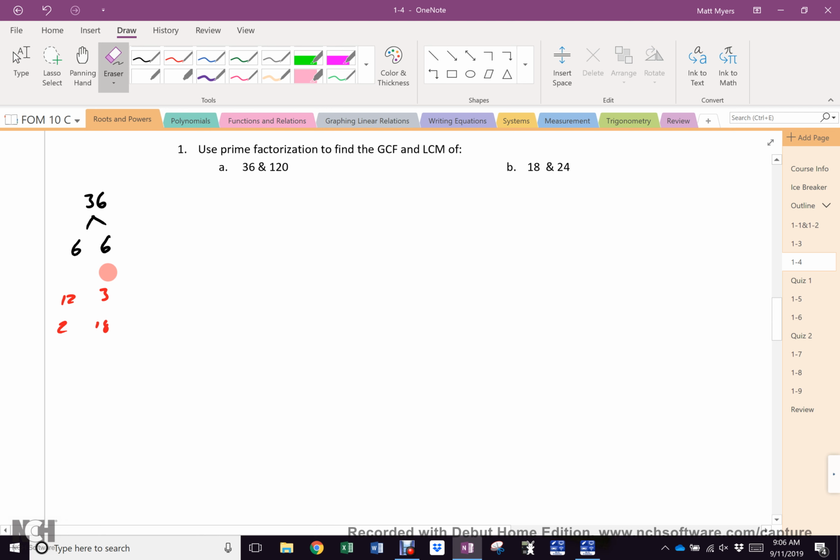No. The only thing that matters is you keep going if you haven't hit a prime. So from 6, 2, and 3. Are those prime? So I circle them. And from this 6, 2, and 3. And then I write it out like an exponent. 2 squared times 3 squared. Everybody should be able to get to there, yes?